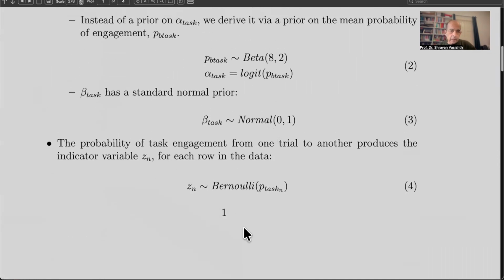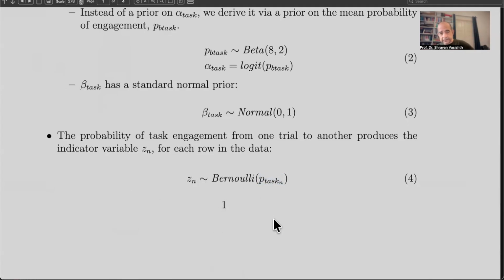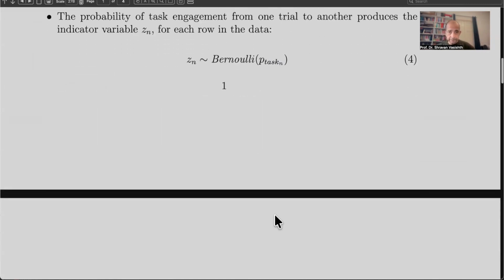Yeah. So this probability of task engagement will determine the value of the indicator variable, 1 or 0. When it's 1, that means the participant is engaged. If it's 0, it means the participant is not engaged. Okay. So this is randomly generated in the simulated data, but it's defined in the model to be generated from a Bernoulli, where the probability of 1 is this quantity here.